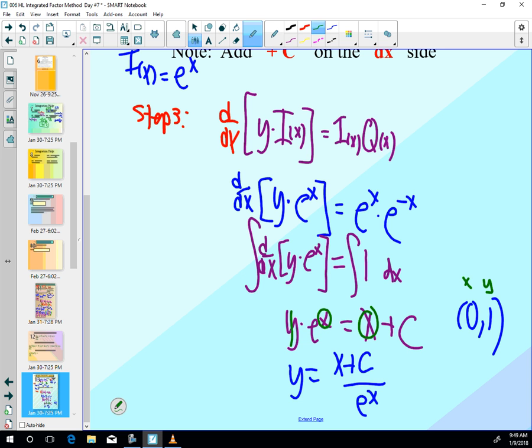So I think c is just going to be 1. Love it. There's your y function. We satisfied it again. That is the integrating factor, finding the y function algebraically. Amazing.